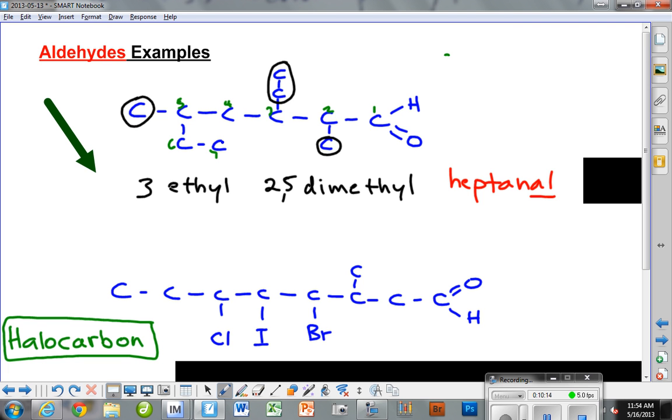Because the ane ending that is common to the alkane becomes an anal, the AL ending instead of the E. And so we just take off the E from the ane and add the AL for the aldehyde ending, and that's how we get our heptanal.